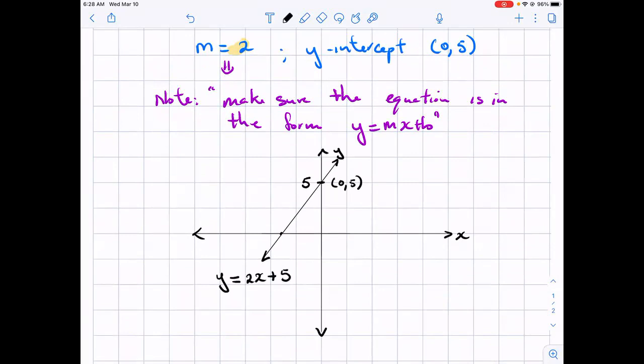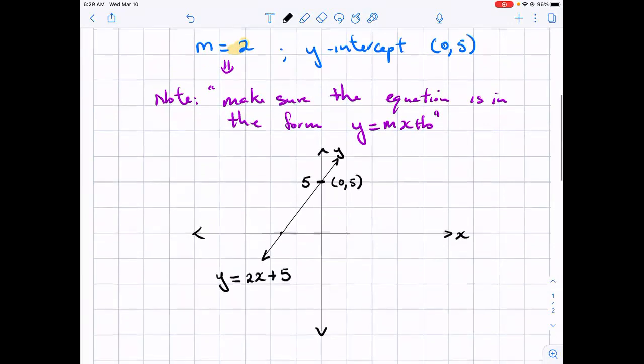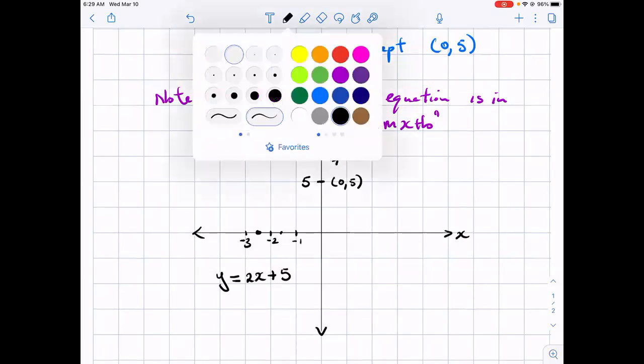Actually, I want this to be between -1 and -2, so your graph should pass through there, somewhere over there.